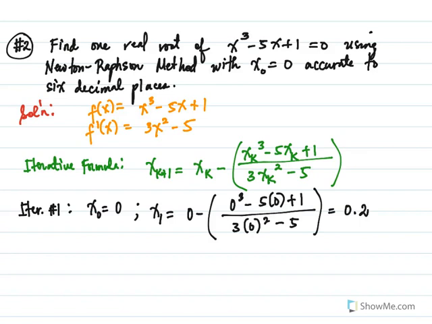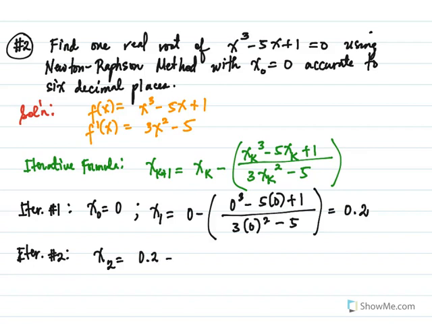So remember, 6 decimal places yung accuracy na kailangan natin, no? Iteration number 2. X sub 2 is equal to, so same formula, but we will now be using 0.2 as our input.